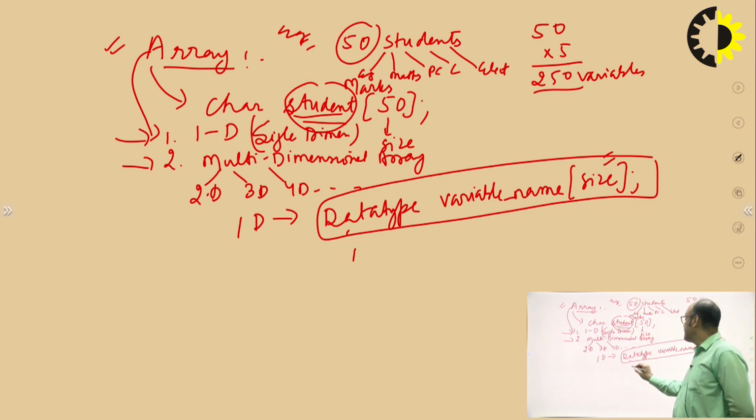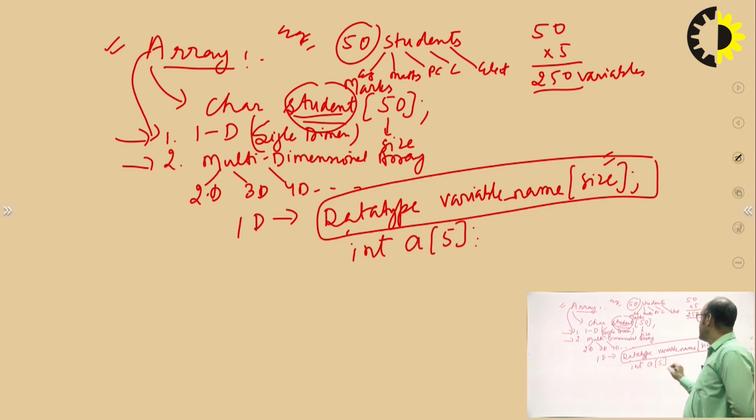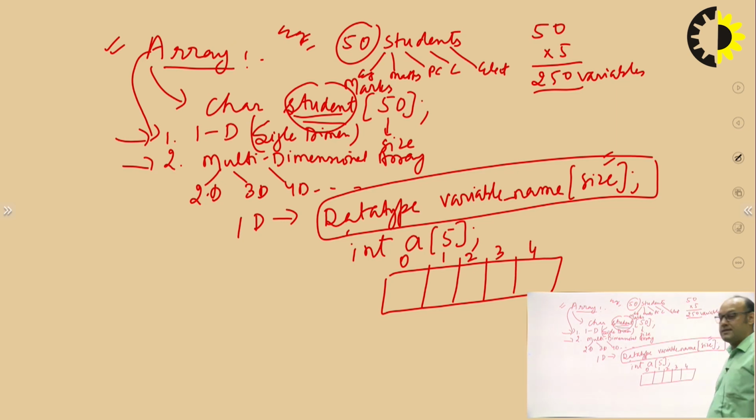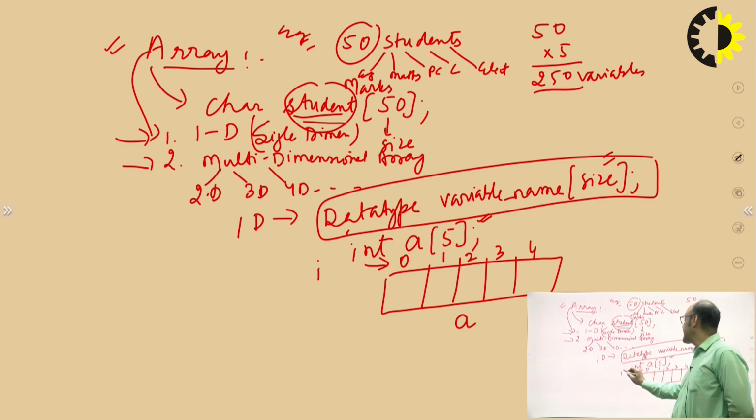For example, I have taken int, the variable name is a, and 5. What does it mean? Whenever I declare this variable, 5 spaces are reserved in computer memory: 0, 1, 2, 3, 4. The name of the variable is a. Another important thing to keep in mind: the elements of an array are accessed with the help of index position.